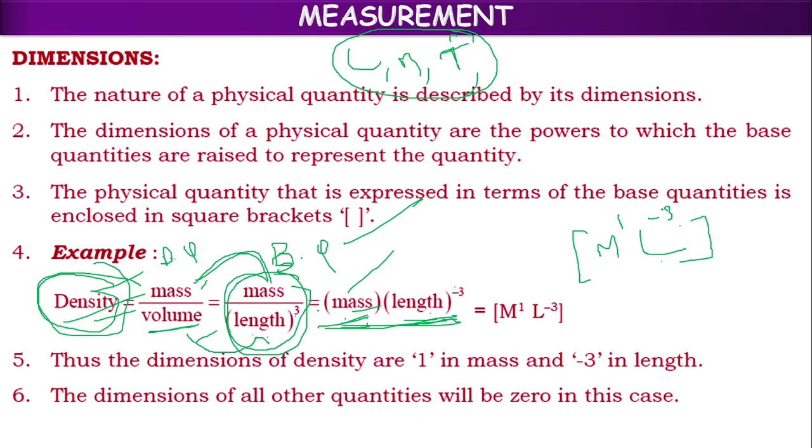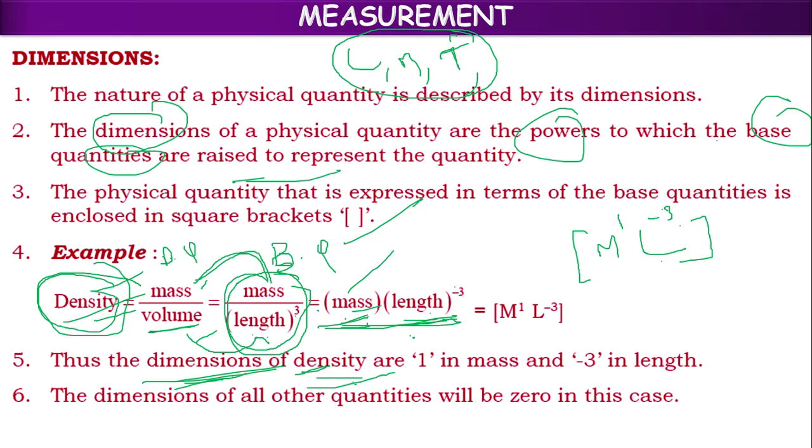M1 L-3 means the dimensions of density are, what are dimensions? Dimensions are the powers to which base quantities are raised. So the dimensions of density are 1 in mass, because mass is raised to power 1, and -3 in length, because length is raised to power -3.